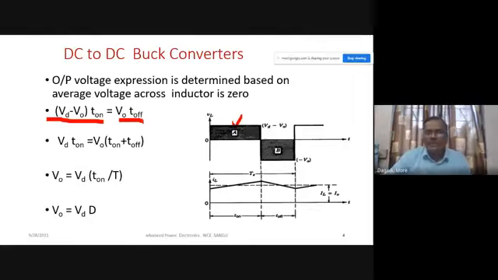These two areas should be equal, so that the average voltage across the inductor will be 0. In case of a DC circuit, the average voltage across the inductor will be 0.